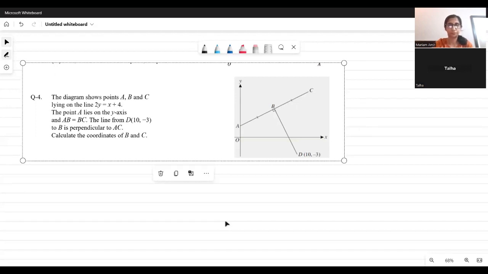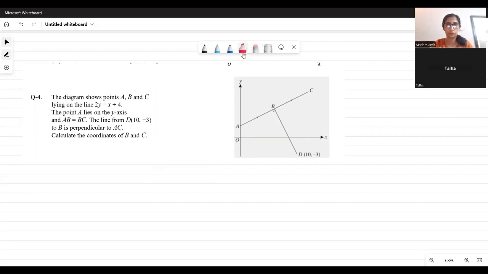Question number 4. The diagram shows points A, B, and C lying on the line 2y equals x plus 4. So we have the equation of the line passing through points A, B, and C. Point A lies on the y-axis.